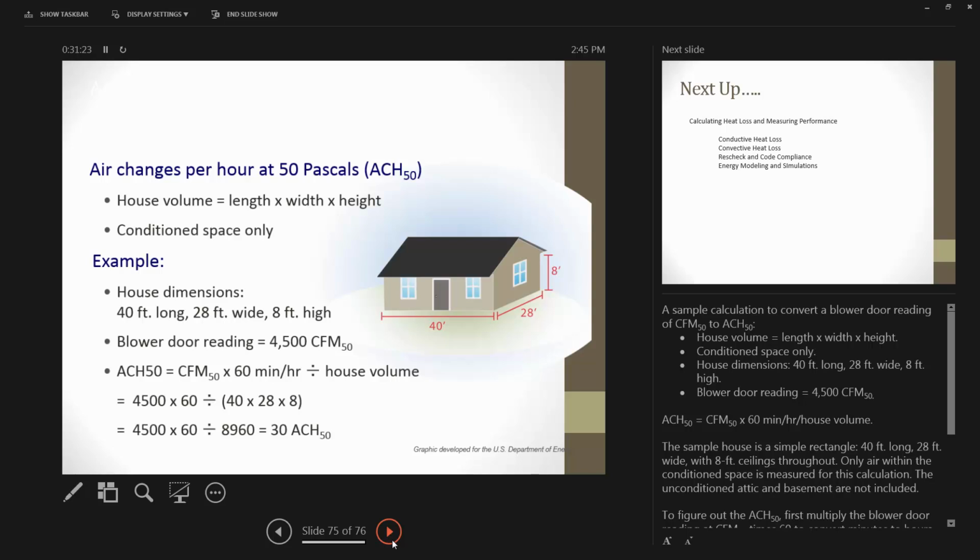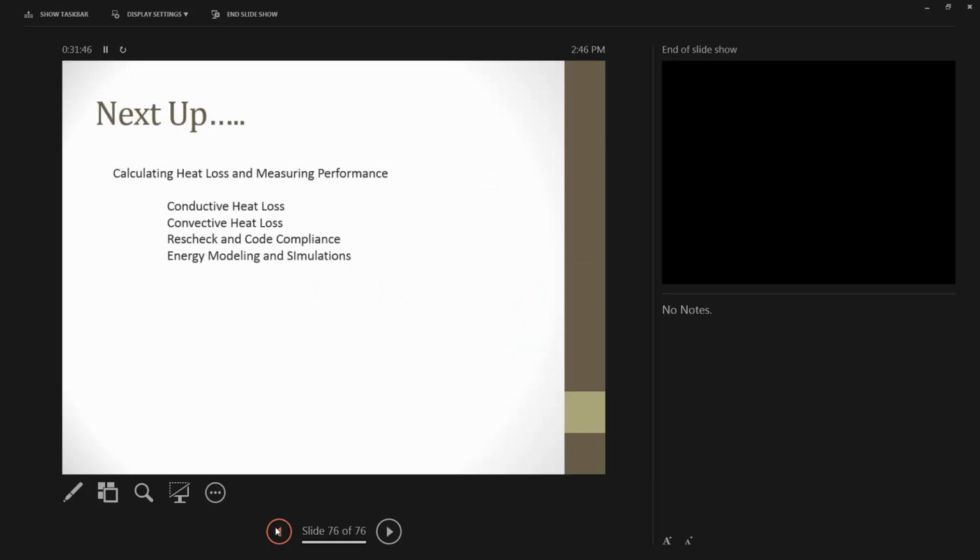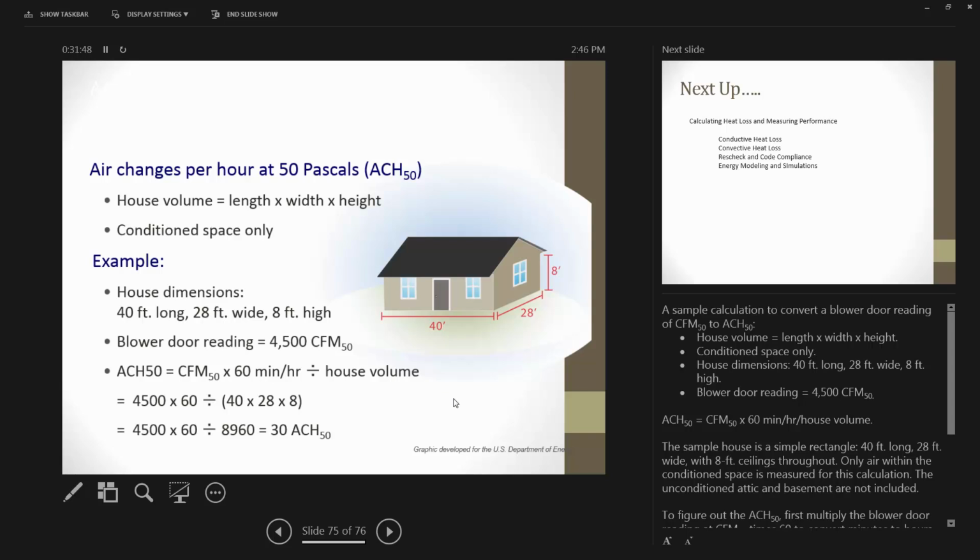So this house, for example, is 40 feet long, 28 feet wide by 8 feet high. And we're assuming here in this building design that we're looking at a thermal envelope that's just flat across that 8-foot ceiling. So we're not looking at an attic design.